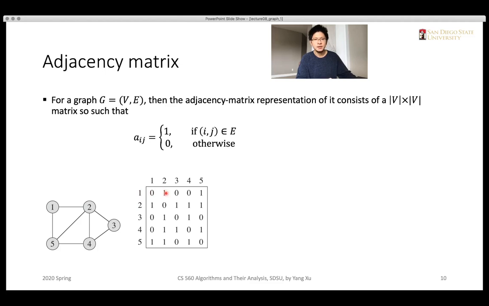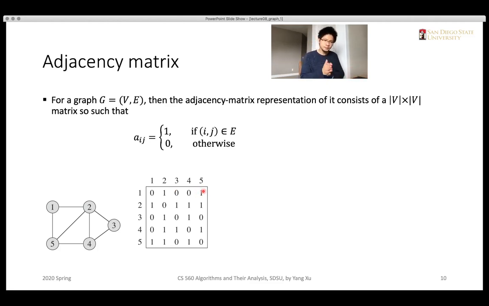That means the edge that connects vertex 1 to vertex 2 exists in the graph. So that's why there is a 1 here. And also because the edge 1 to 5 exists, the element at the first row and the fifth column, A1,5, is 1 here. Okay?